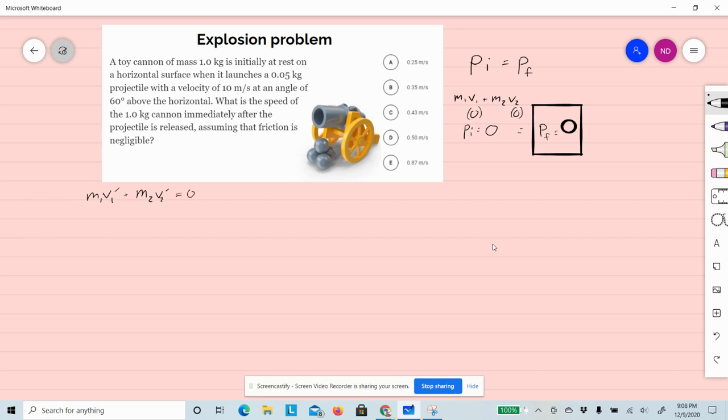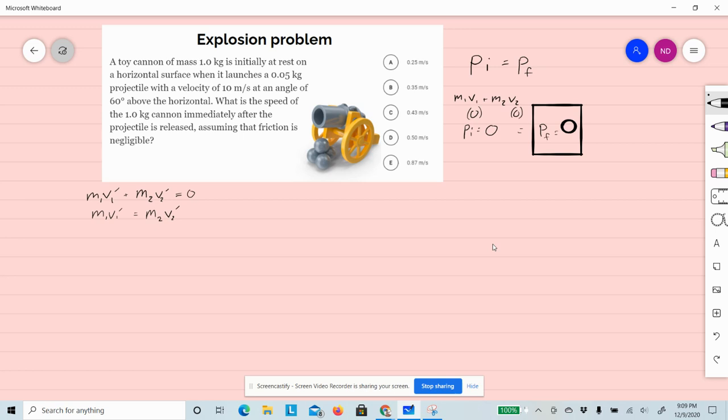All that has got to equal 0 after the collision. So you're going to get the mass of the cannon multiplied by the speed of the cannon, we call that recoil, is going to be equal to the mass of the cannonball times the velocity of the cannonball.